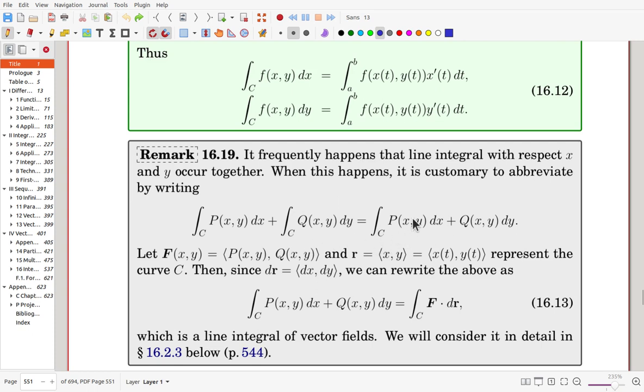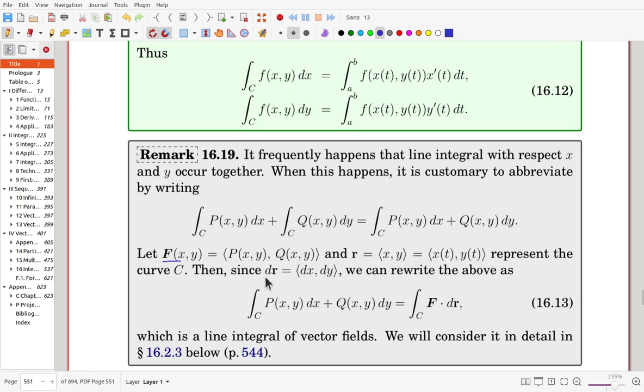There's a notation. Now we define a vector field. Capital F is (P, Q), and r is the parameterization, (x, y), representing the curve.